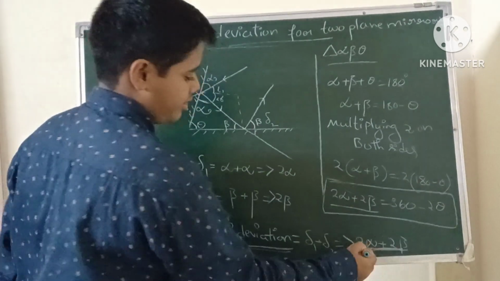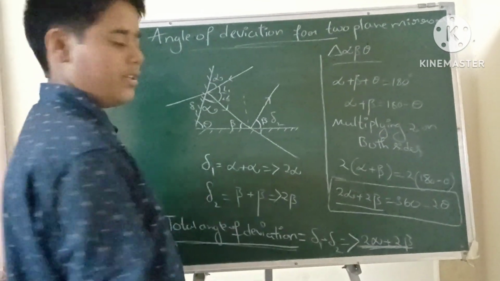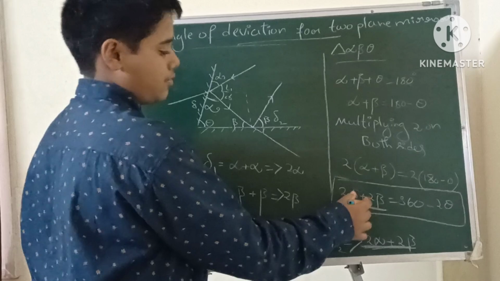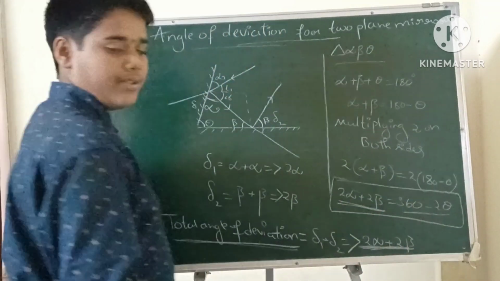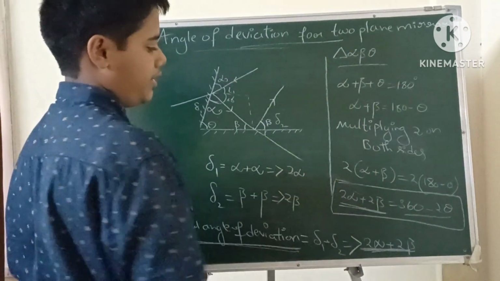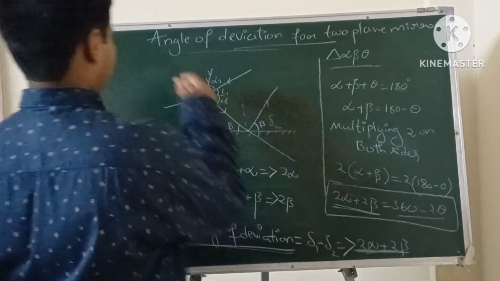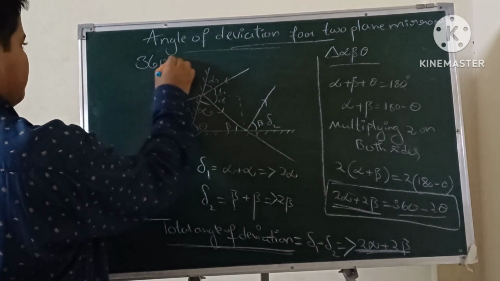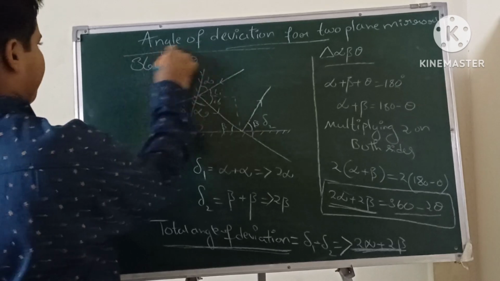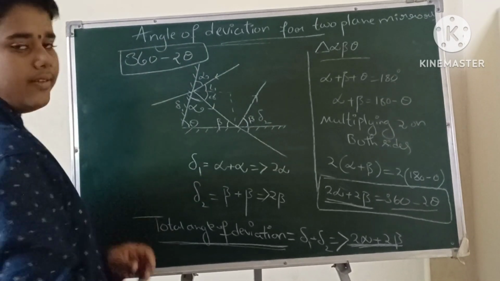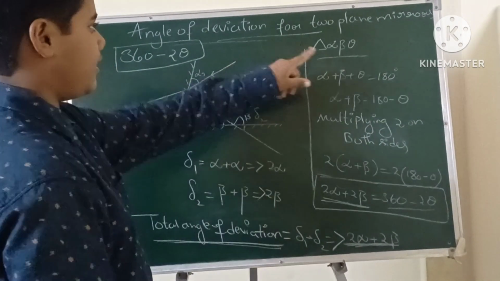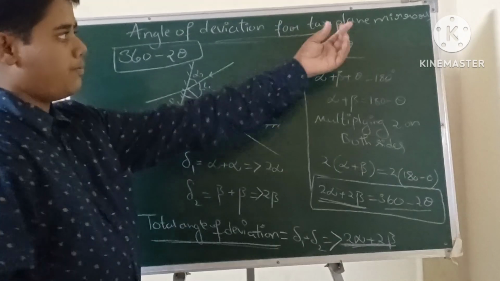Here total is 2 alpha plus 2 beta. So here 2 alpha plus 2 beta is 360 minus 2 theta. So here angle of deviation is 360 minus 2 theta. Okay, so this is the angle of deviation for two plane mirrors.